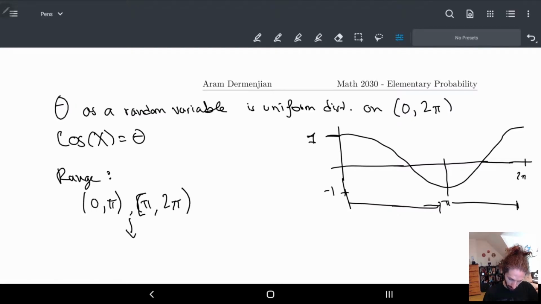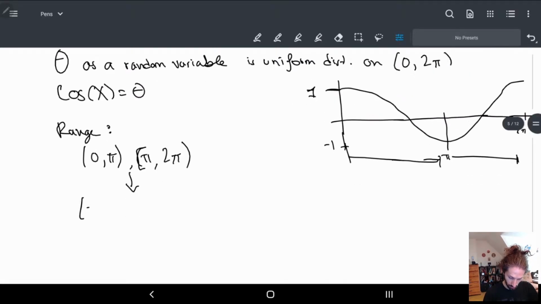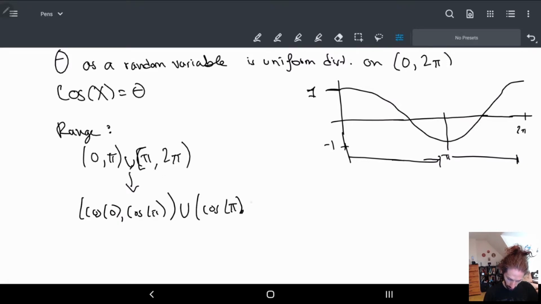And then we convert these using cosine. So cosine of 0 to cosine of pi, union cosine of pi to cosine of 2 pi. The reason why I'm doing it this way: normally if we just do cosine directly, cosine of 0 is 1, and cosine of 2 pi is 1, right?